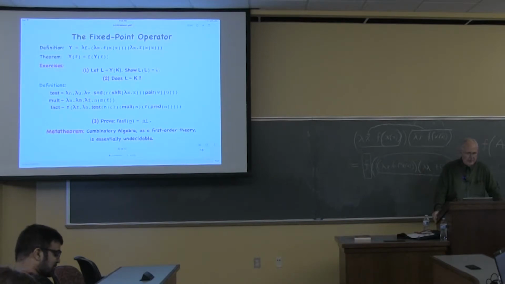The factorial function is the fixed point among functions which either says when n is 0 you take 1, or if it's positive then you multiply n by the previous value. So the fixed point operator immediately gives a definition of what the factorials do, and we use that kind of programming all the time.